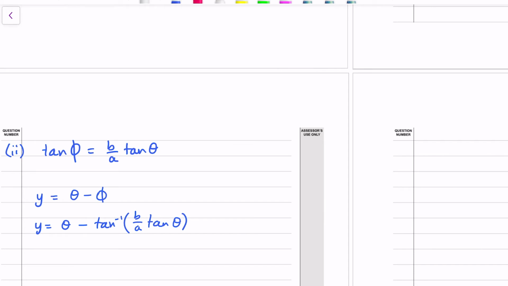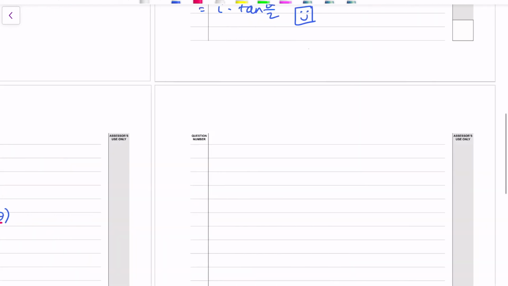So just on a side note, if I want to differentiate this with respect to theta, theta is the only variable in this equation, b and a are constant, I need to know the derivative of tan inverse. So on a side note, if I just go, let u equal the tan inverse of x, then the tan of u is equal to x.